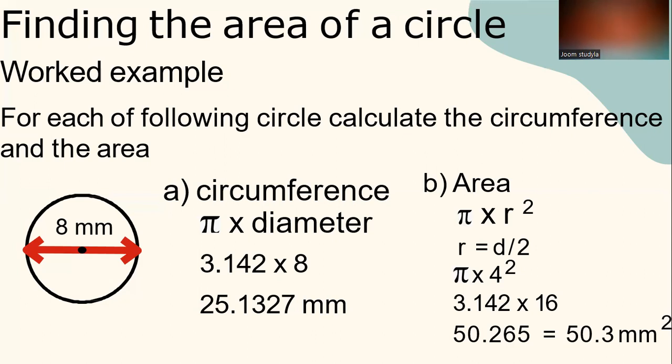So pi times 4 to the power of 2. That means 3.142 times 16 is equivalent to 50.3 millimeter square. So this example teaches you how to calculate the circumference and the area of the circle.